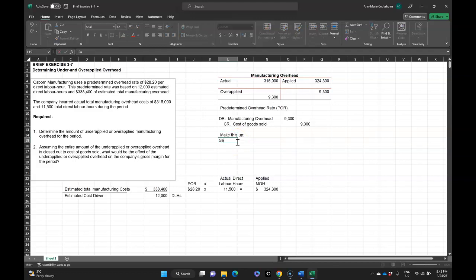Let's pretend that our sales was 100,000. Okay, so this is before the adjustment. And now I'm going to compare it to after the adjustment, 100,000.